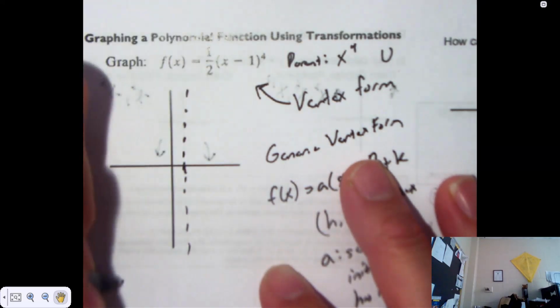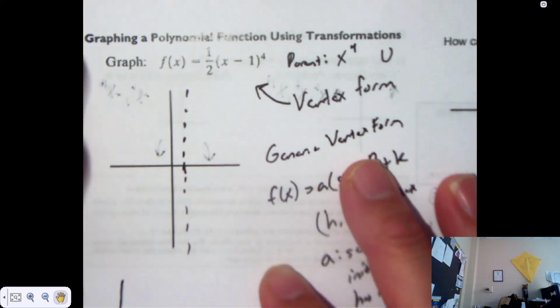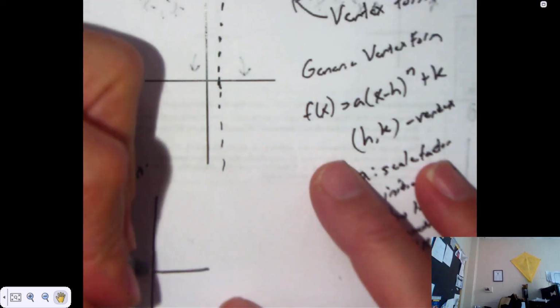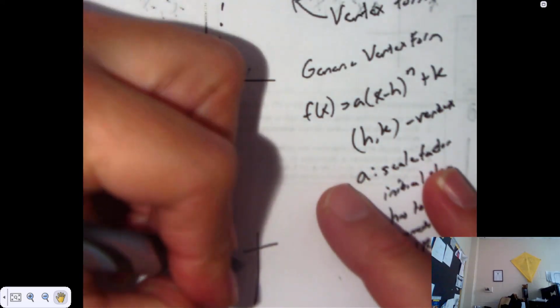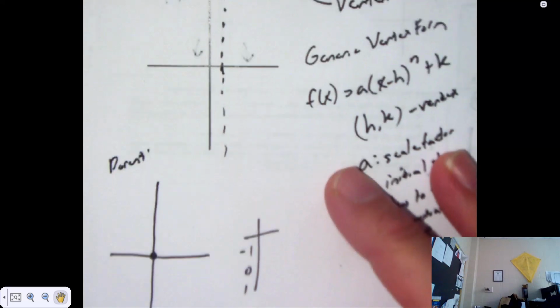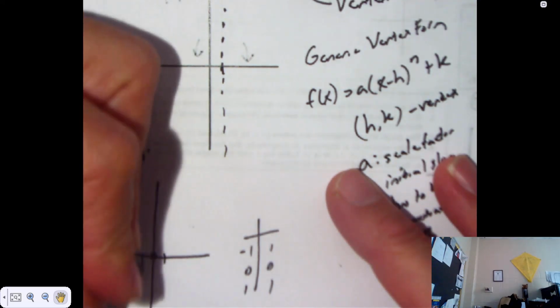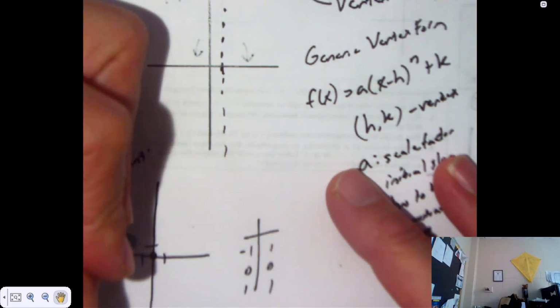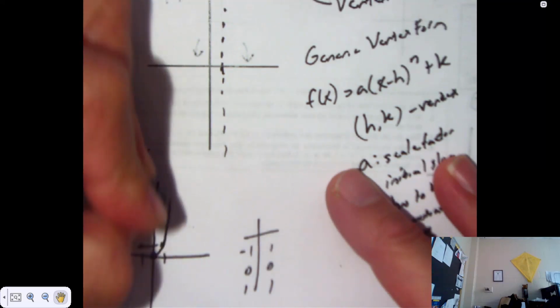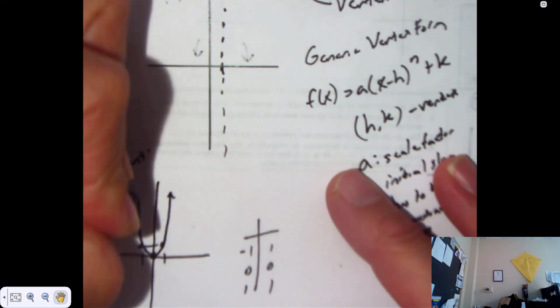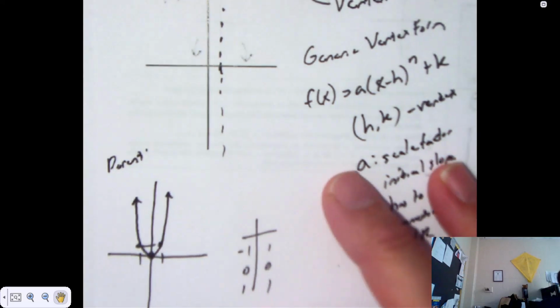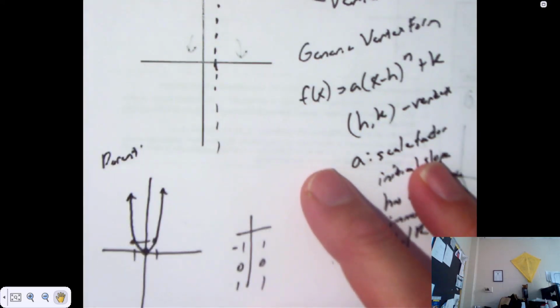Now, let me draw that parent first. Parent, if you make a small table, just have a negative 1, 0, and 1. Has the same exact key points as x squared. It's just steep. It almost shoots straight up after that. And plug in a 2, 2 to the fourth is 16. It's just steeper than x squared. That's the only difference.